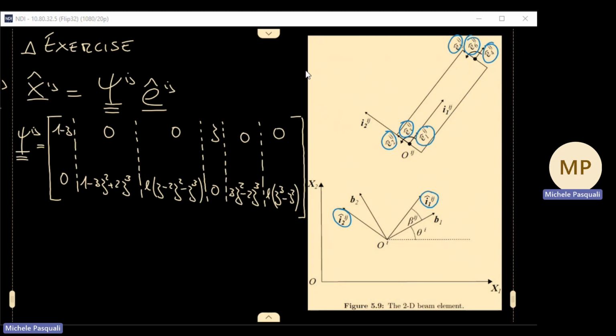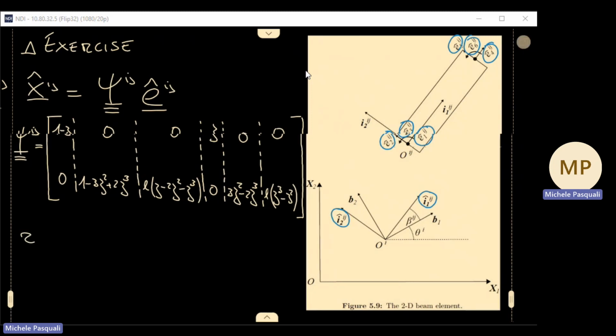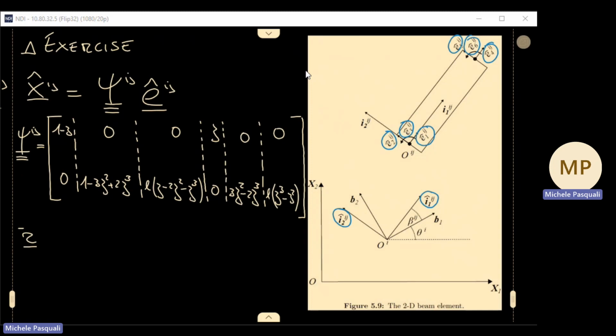Now, if you remember, the position of a point within the element expressed with respect to B1, B2, which is a 2 times 1 vector in this case, was C2 ij, which is a 2 times 2 orientation or rotation matrix, applied over x ij, which is a 2 times 1 vector.